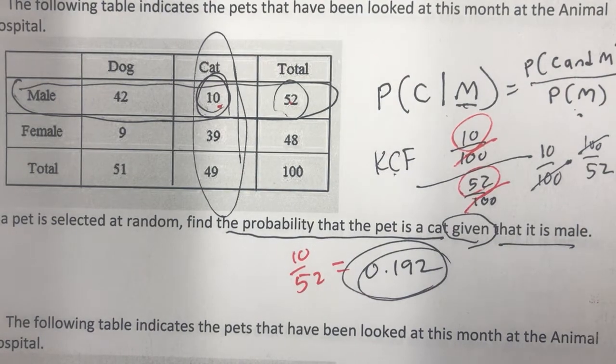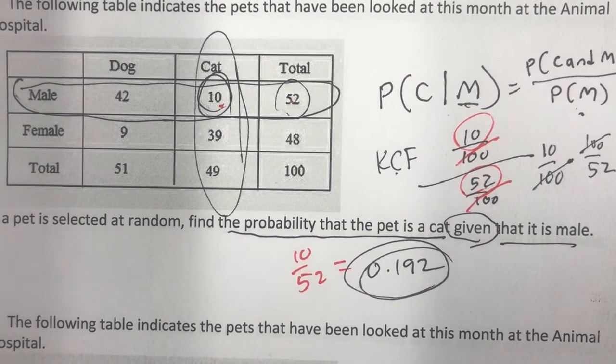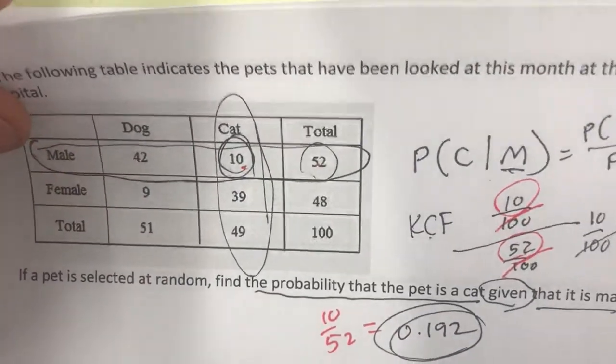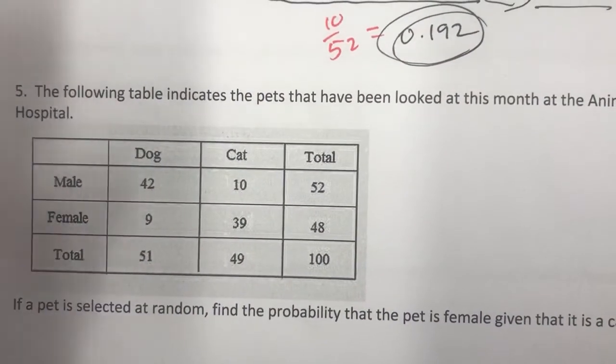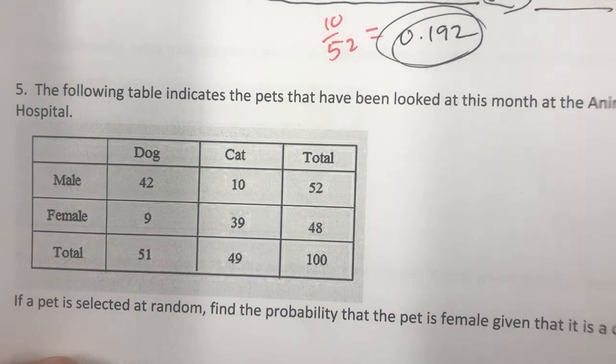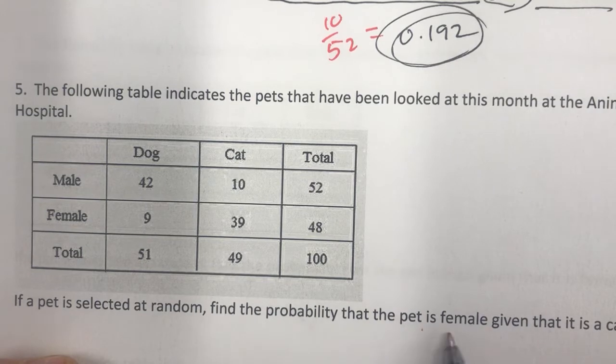Okay. We'll go to number 5 here, and I'll show you the expedited version of what I was trying to show you a minute ago. If the pet is selected at random, find the probability that the pet is a female, given that it's a cat.